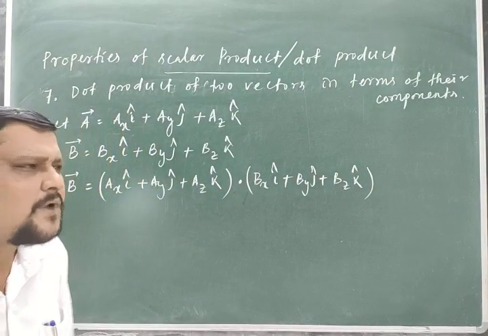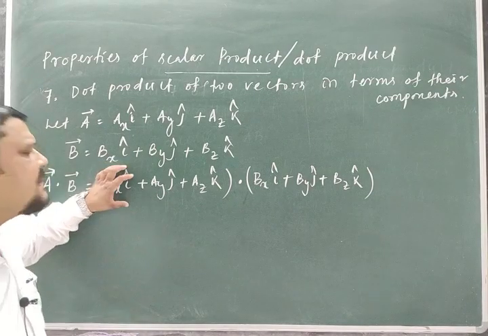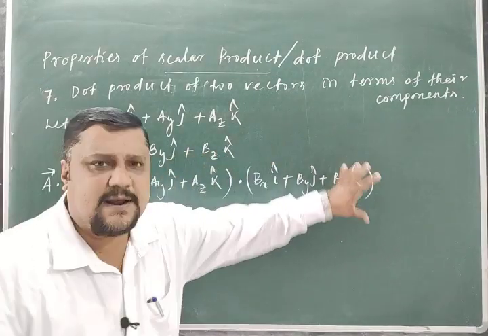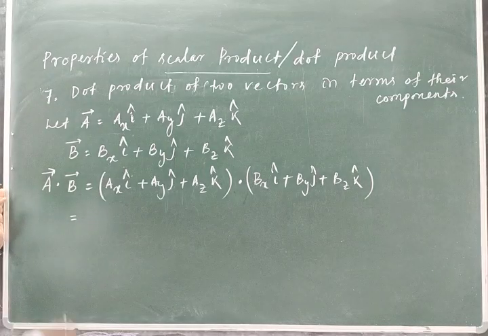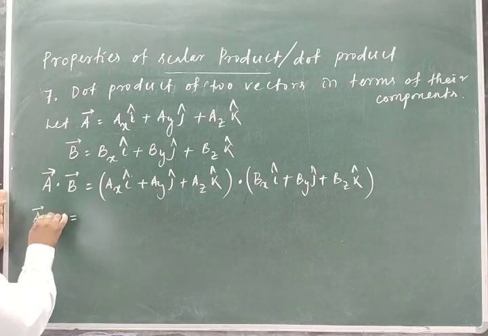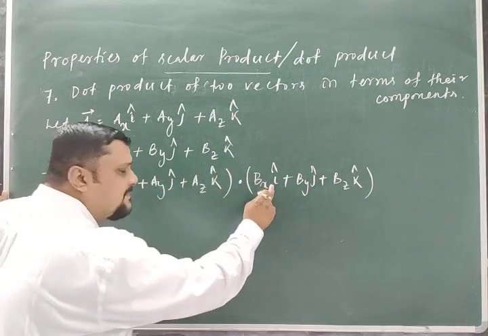When you make the dot product, or when you make the products, what are you doing? Each term of this one is multiplied with each one. So I can write A dot B is equal to, let me multiply ax i cap with bx i cap.